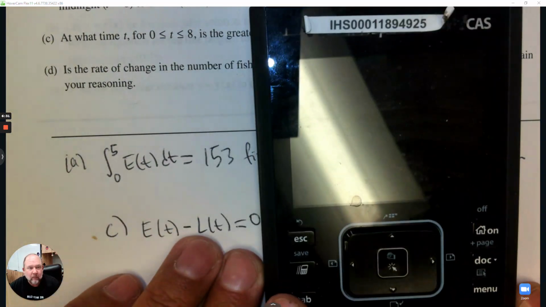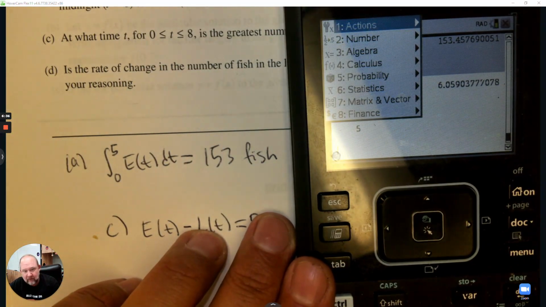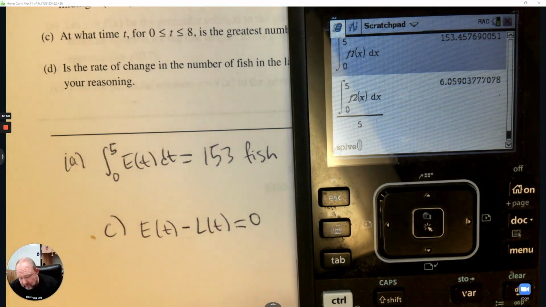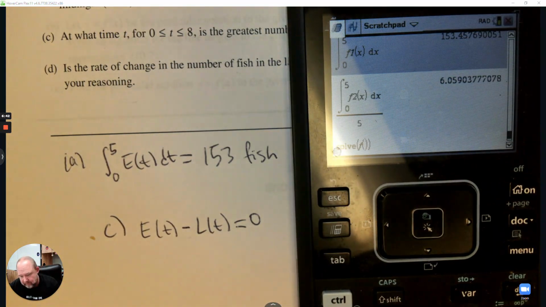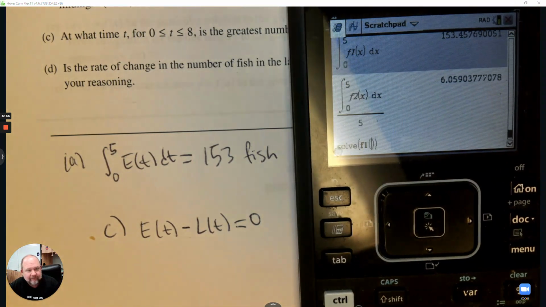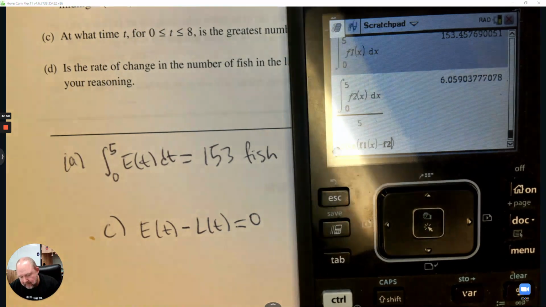All right, we're going to take our calculator, and we're going to solve an equation. So we're going to go menu, algebra, solve, and then we're going to type it in. So we already have what we need. So it's F1 at x, subtract F2 at x.